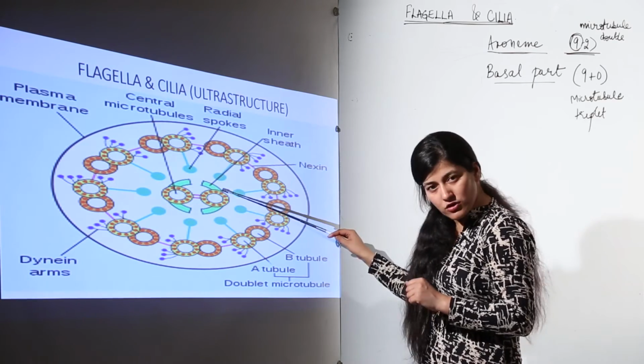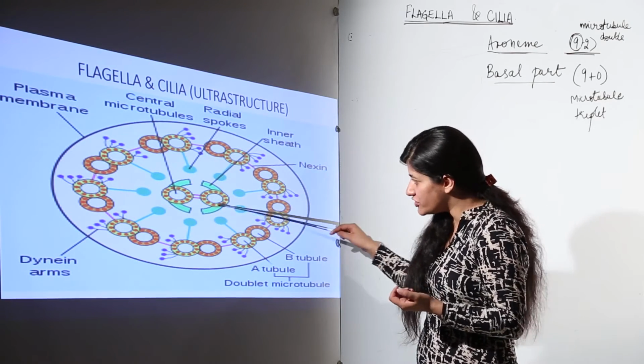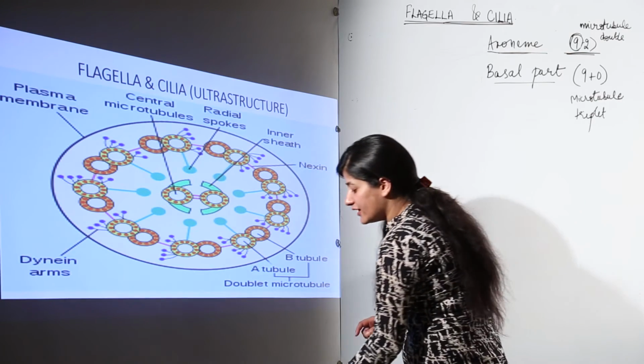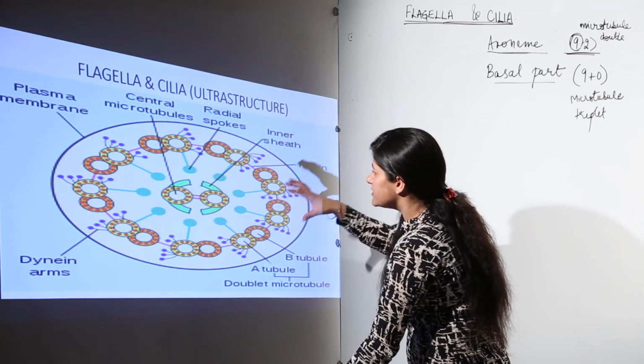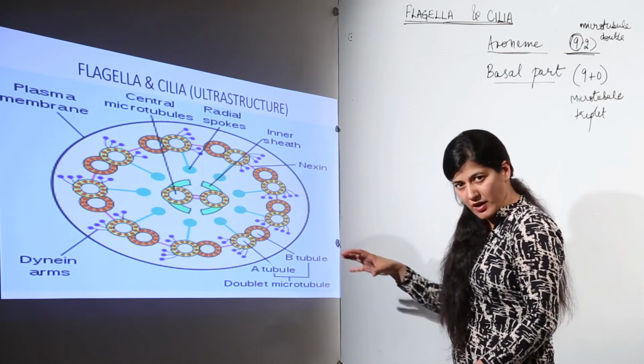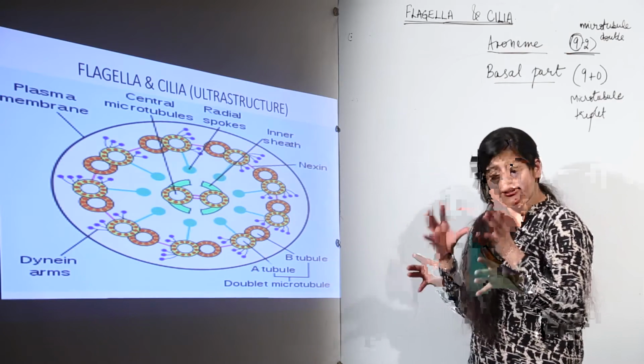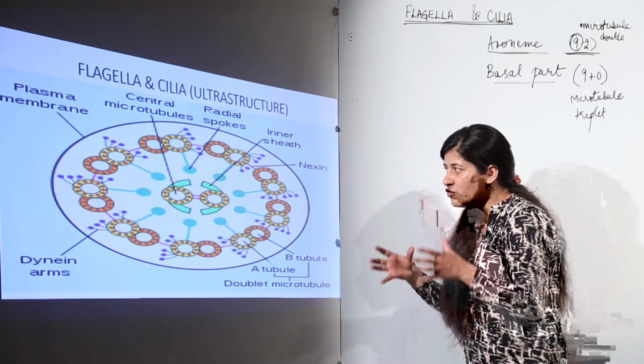There is a pair of microtubules in the center as well, and a central sheath to which each of these radial spokes joins. Now you have to remember how the movement is brought about. Please cram this diagram by heart, because it is very important for understanding the function of the flagella, which is movement.